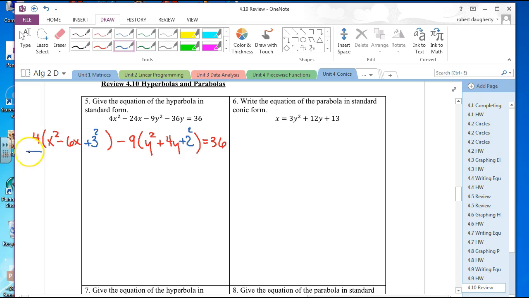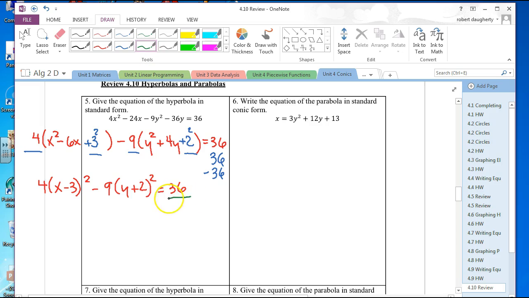Ask yourself what you really did on the left side of the equation. This is 9, so it looks like I added 36. And in the next one, this is 4, it looks like I subtracted 36. So I do that to both sides of the equation. I end up with 4 times x minus 3 squared minus 9 times y plus 2 squared equal 36.